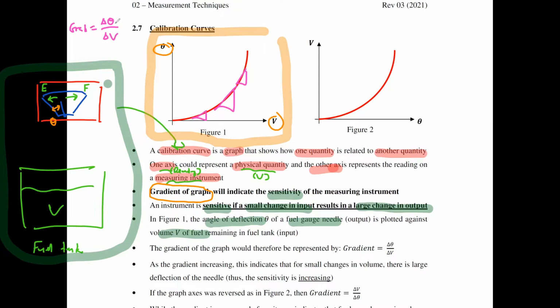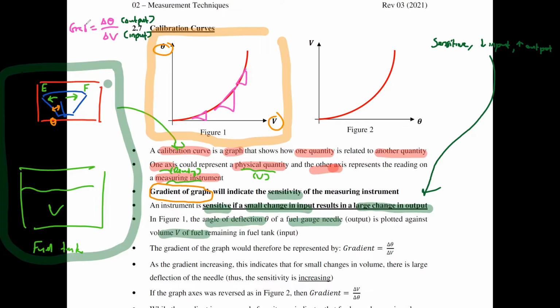The delta V here you can think of as your input, and the angle of deflection is the output. When something is sensitive, a small input gives a large output. Something similar to this one here.